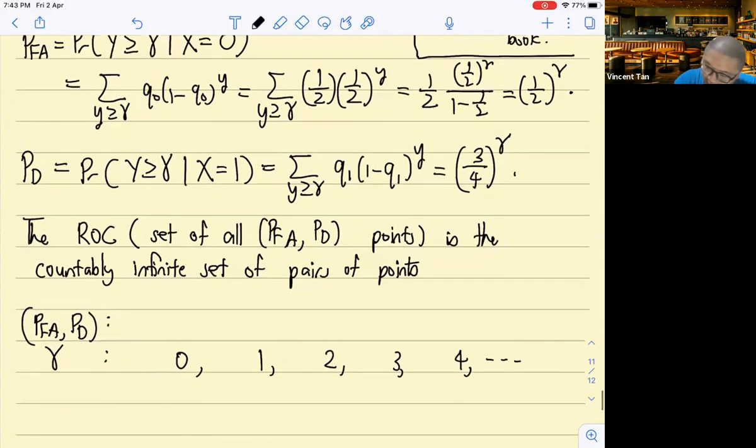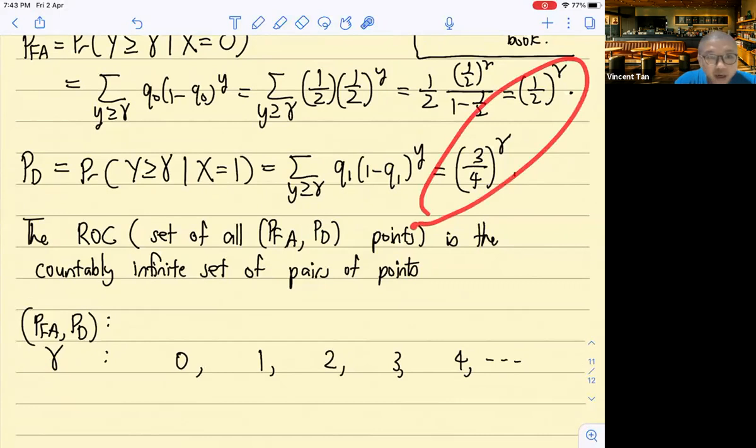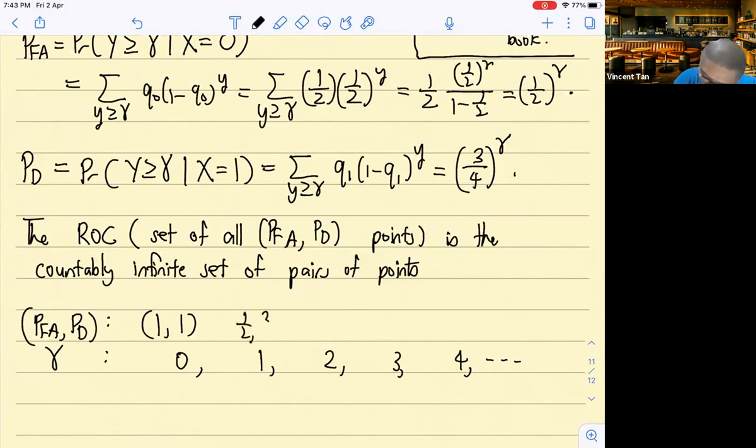As I vary gamma, these are going to vary as well. So let me just calculate them. Here I have 1, 1. If gamma is 1, I will have half, 3/4. Then 1 over 4, 9 over 16.